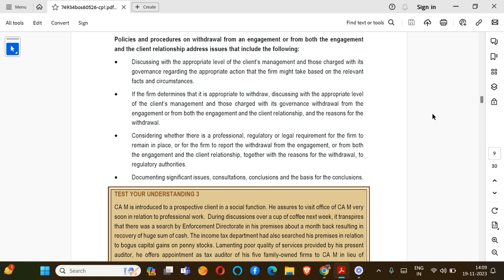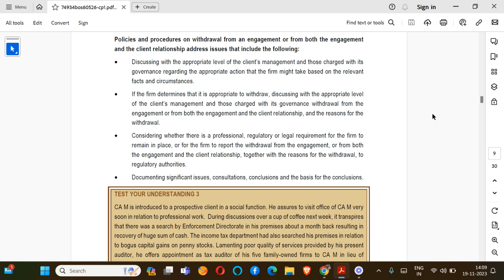What I suggest is you need to basically, and it's written also basically, you need to go to the client's management, those charged with governance, the people who actually gave that appointment to you to perform the audit. You need to tell them that these are the problems and this is the plan that we as a firm are planning to take.